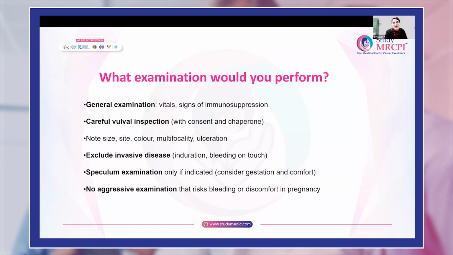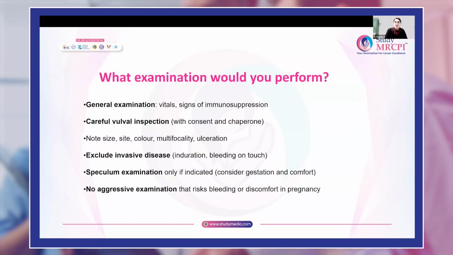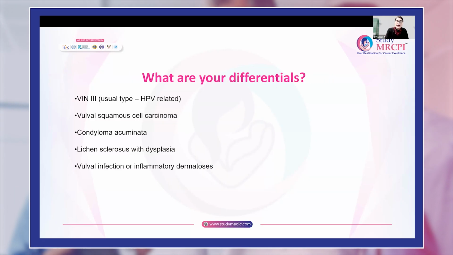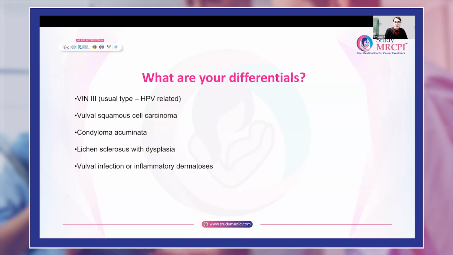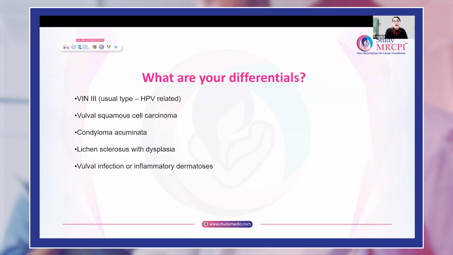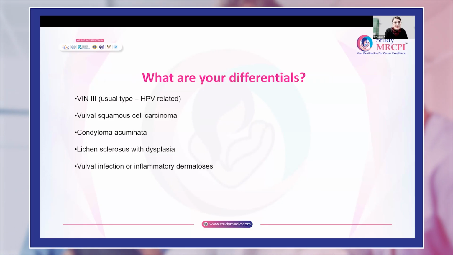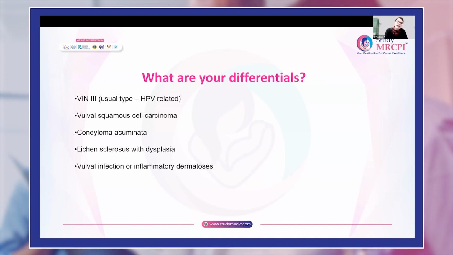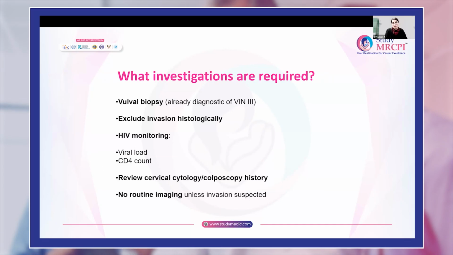During examination, we have to be very cautious, as there can be risk of bleeding on touch and discomfort. Differentials can be HPV-related usual type vaginal intraepithelial neoplasia, vulval squamous cell carcinoma, condyloma acuminata, lichen sclerosus, vulval infections, or inflammatory dermatosis.